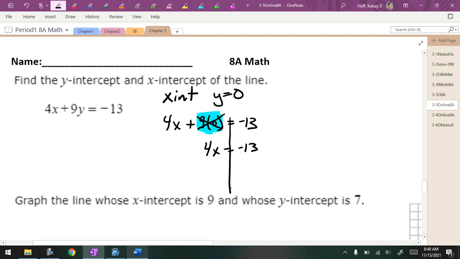By rule of solving equations, divide by 4. And most of you are like, it's a decimal. And guess what? The computer's not going to let you type in a decimal. So remember the rules. Ms. Hoff always says, drag down that fraction. And then ask yourself, can anything go into 13 and 4? 13 is prime. So x equals -13 fourths. It's okay that we end up with a fraction.